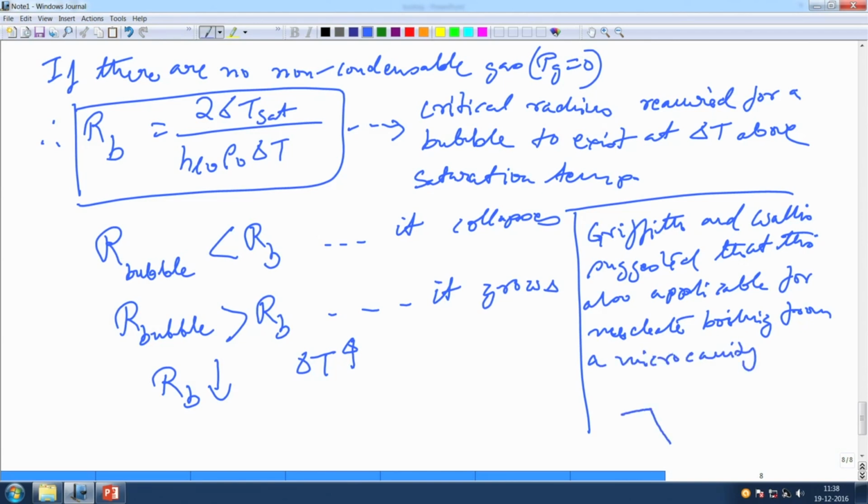In that particular case, this RB is given by the cavity opening, the mouth of the cavity. So it is basically the mouth radius or diameter, whatever you call it. Got it?